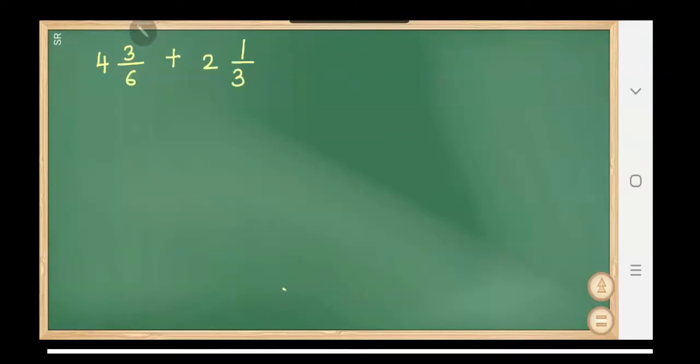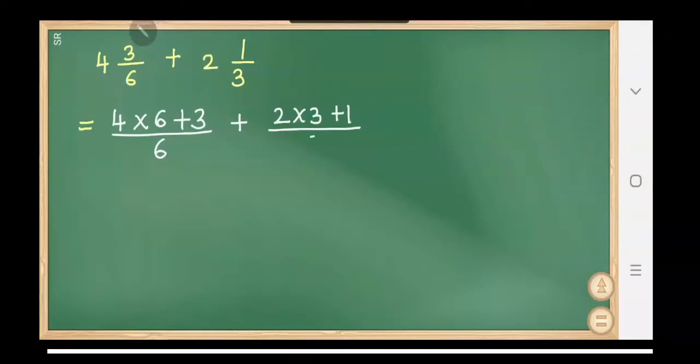So again there are unlike mixed fractions. So let's convert them into improper fractions. 4 into 6 plus 3 upon 6, plus, again multiply the whole into the denominator, 2 into 3 plus the numerator, that is 1 upon 3.